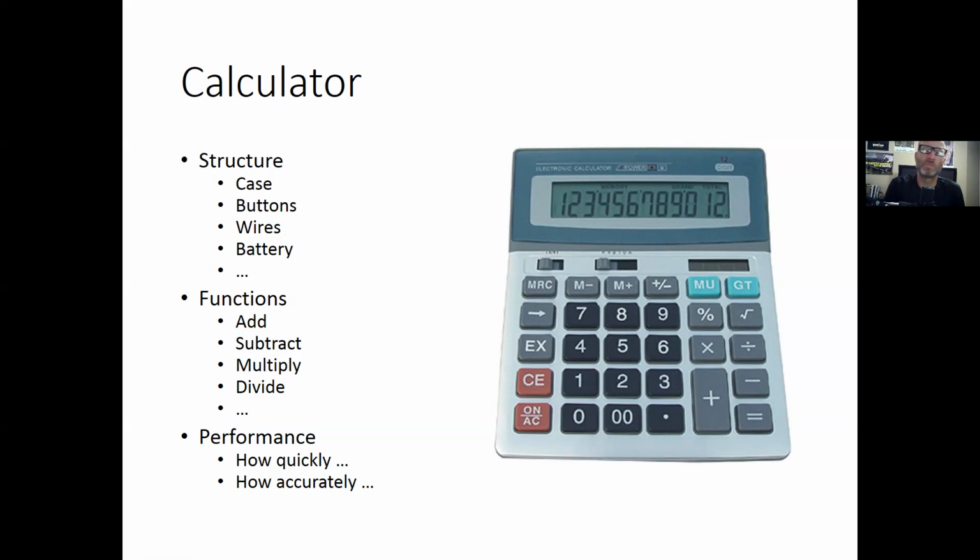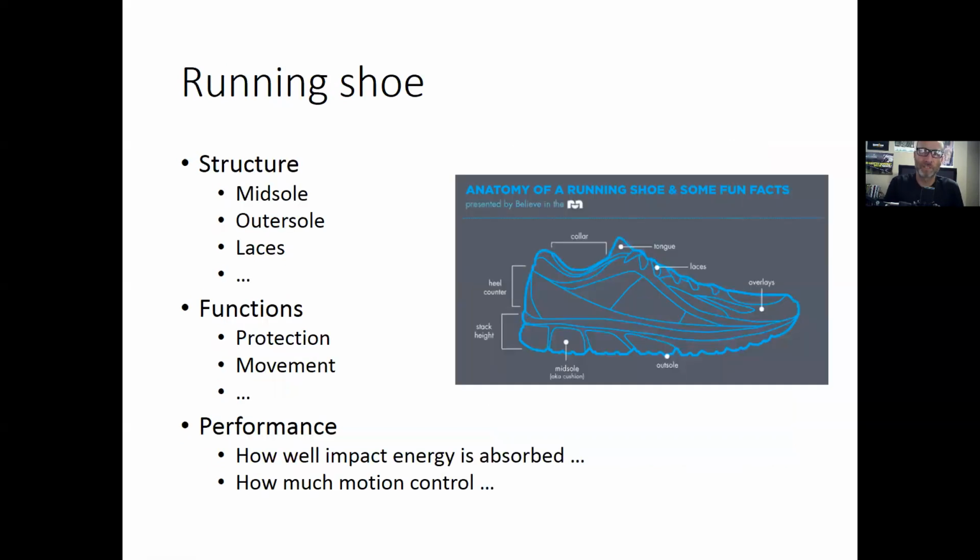Well, let's move that a little closer to the human body. Let's look at the running shoe. What are the structures involved with the running shoe? Well, this is actually an interesting question, because we have to define what a shoe is. And maybe a shoe is nothing more than some type of covering of the sole of the foot and some type of attachment to the foot, some type of strap. So a sandal would almost be considered a shoe.